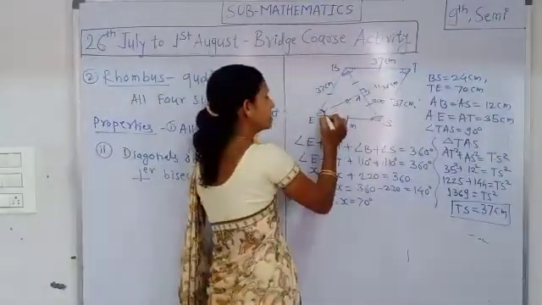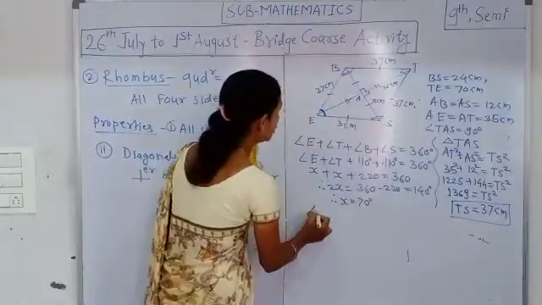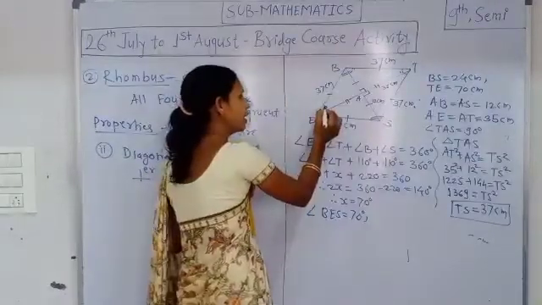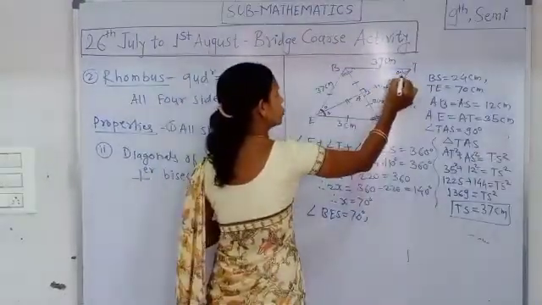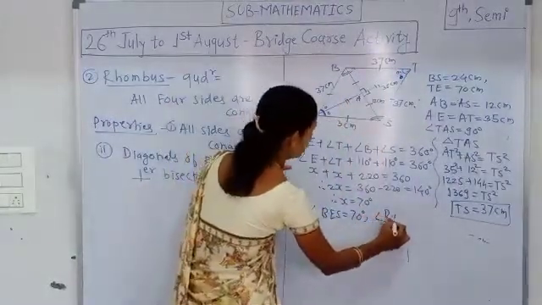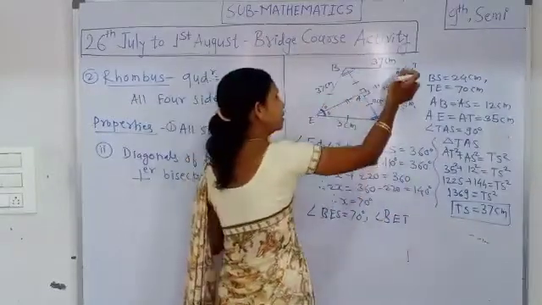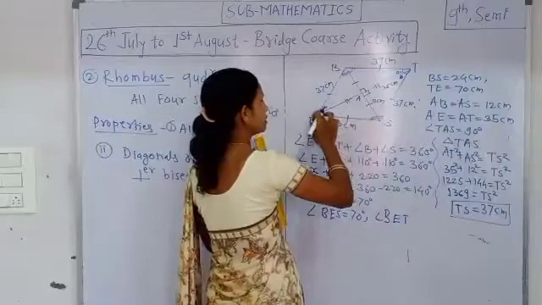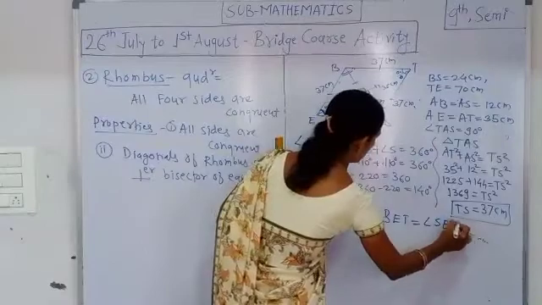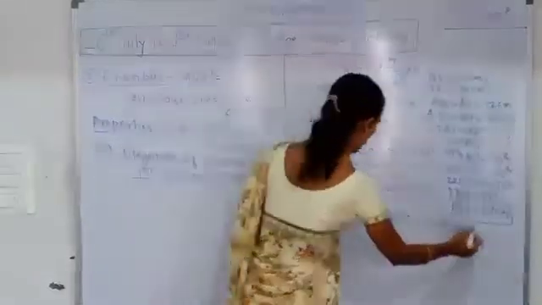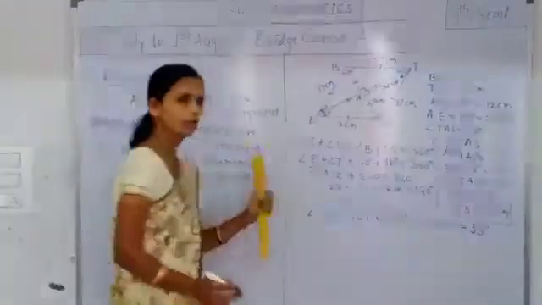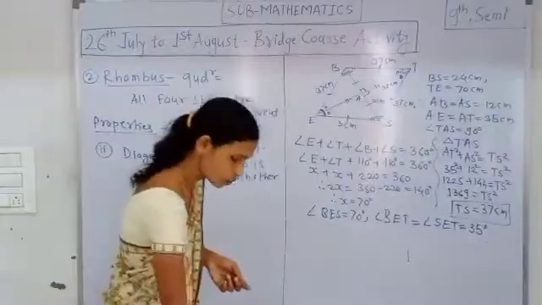That means if angle BES is 70 degrees, then those angles, angle BET and angle SET, are congruent. And as BES is 70 degrees, therefore each is 35 degrees. That is about a few properties of rhombus.